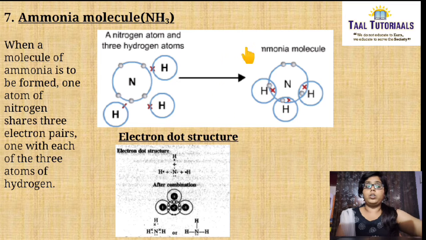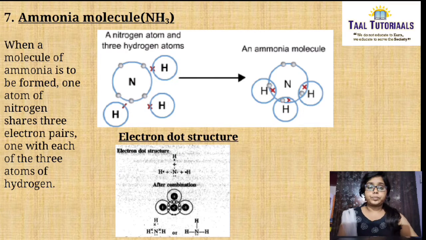And if you take totally, nitrogen has got 8 electrons, that is, it had already 5 electrons in the valence shell and 3 more electrons from hydrogen, and so even nitrogen also attained what? Stable octet electronic configuration. And this is the dot structure of the ammonia molecule, you can see in this picture.